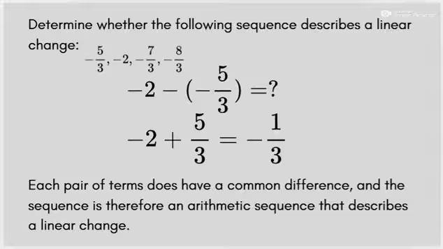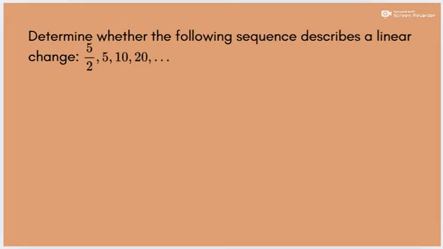If we look at negative 8/3 minus 7/3, that would be negative 8/3 plus 7/3, and that would be negative 1/3. So each pair of terms does have a common difference, and the sequence is therefore an arithmetic sequence that describes a linear change. You have to make sure and check more than one consecutive term set to make sure that it carries all the way through.